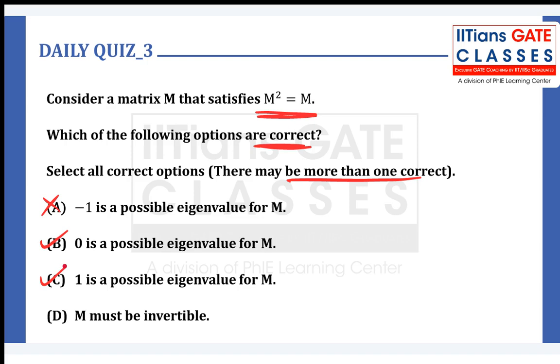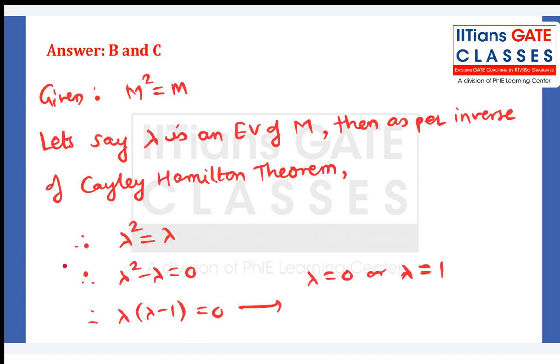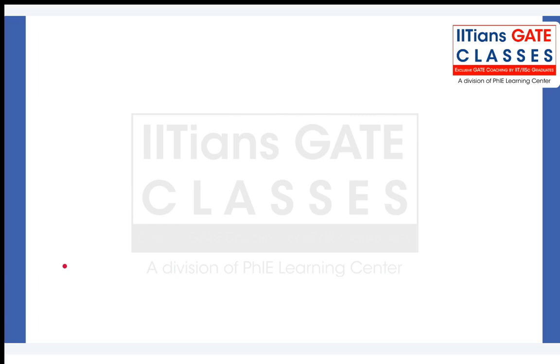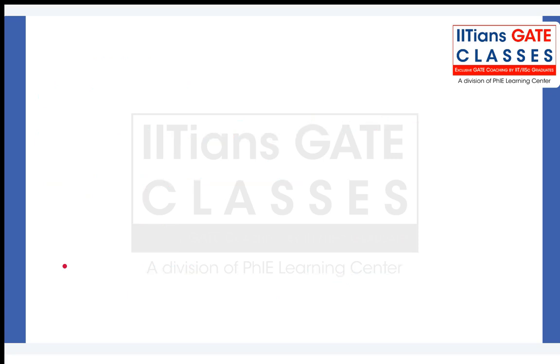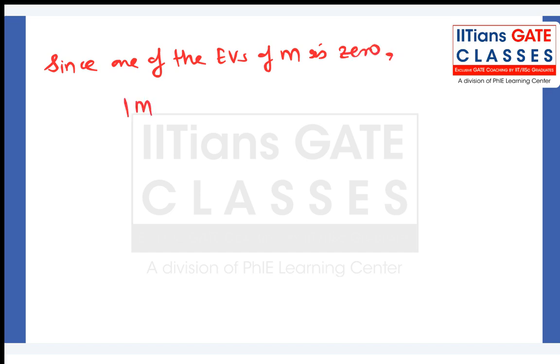And now the last part: as I told you, you are supposed to find the determinant of this matrix. Since one of the eigenvalues of matrix M is 0, the determinant of this matrix has to be equal to 0, because the determinant is the product of all eigenvalues.